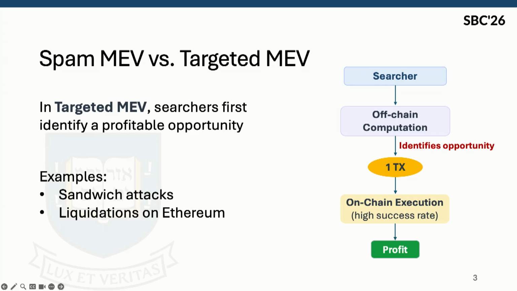Some examples of such targeted MEV are sandwich attacks and liquidations on public blockchains like Ethereum.